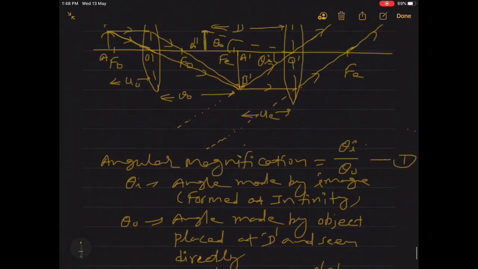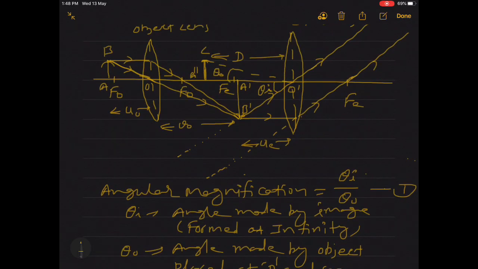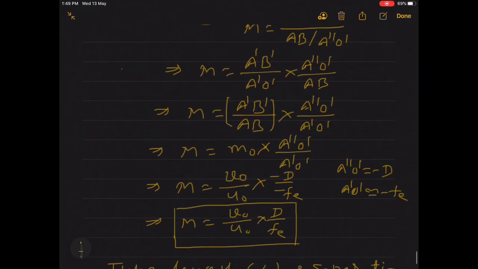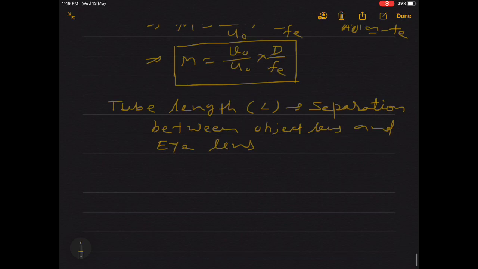Just see, the distance between object lens and image A dash B dash is VO, and distance between A dash B dash and eye lens is UE. So it is sum of VO and UE. So what we can write here, L is equal to magnitude of VO plus magnitude of UE.